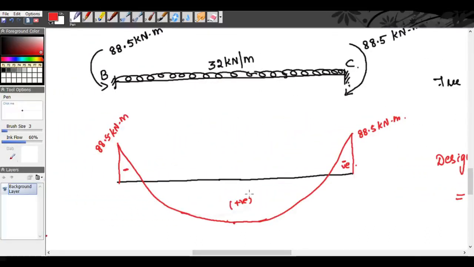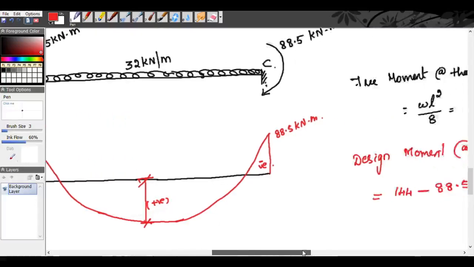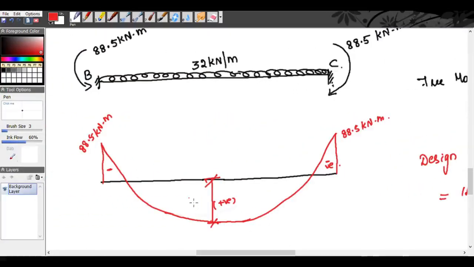So this distance, this much is 55.5 kilonewton meter.